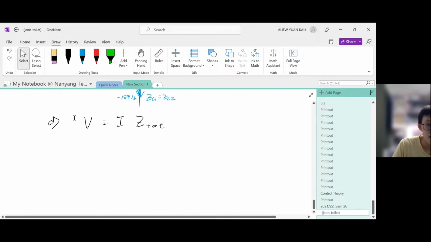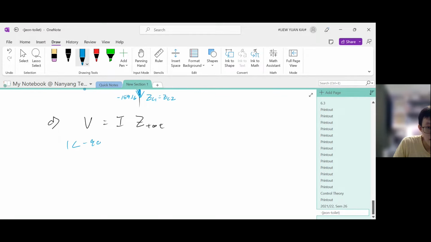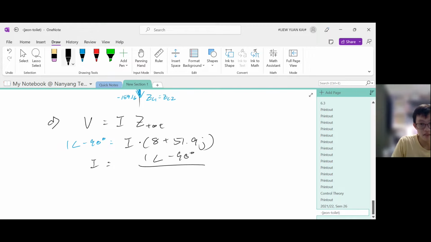So let us go back down here. This is 1 at an angle of negative 90 degrees, which is equal to I, this is what we want to find, times the Z total we got, which is 8 plus 51.9J. You make I the subject: you take this, negative 90, divided by this. And let me see what you get.